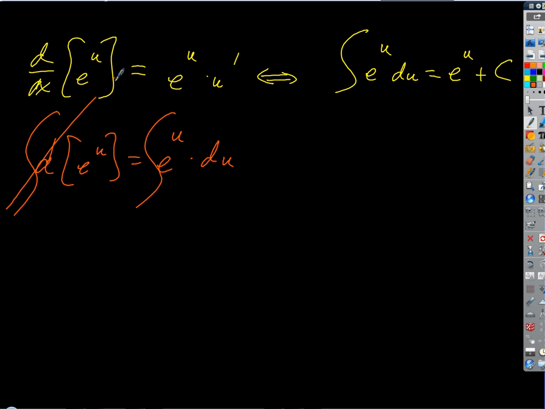Right, so the integral of e to the u du is that to within a constant. I've got to have plus c. Okay, make sense? So try a couple. This is super easy stuff, but it's really useful. We can do some cool problems with this.